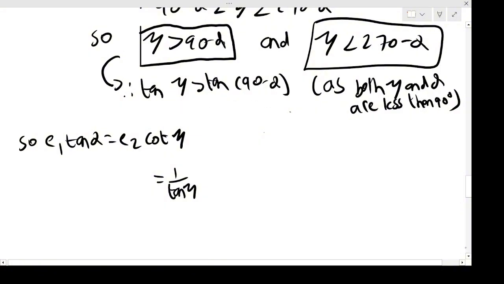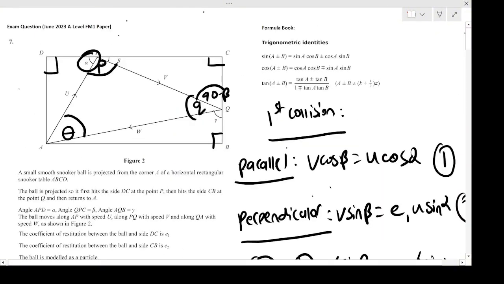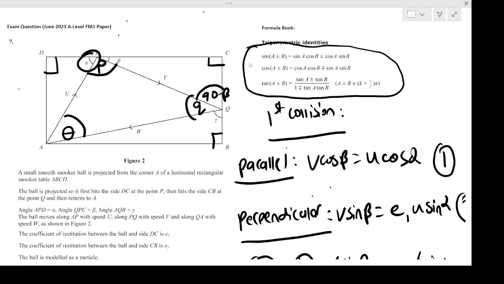What I need to do is expand this compound angle for tan, so let's see what that simplifies to. Again, we also looked at this in the common techniques. So tan of 90 minus alpha: I'm going to need to use the compound angle formulas in the formula book, which you should have seen in normal maths pure year 2.